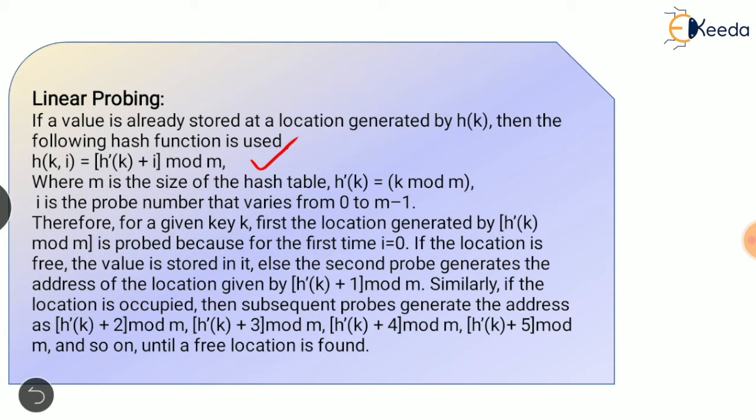Now what are all these values? Here m is the size of the hash table, that is the total size of the hash table. h'(k) is equal to k mod m, so by using the division method we can calculate h'(k). i is the probe number that varies from 0 to m minus 1.